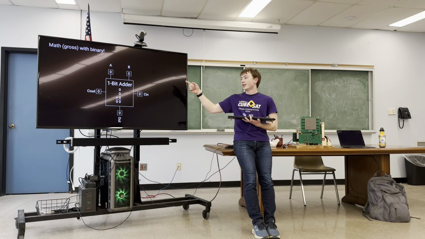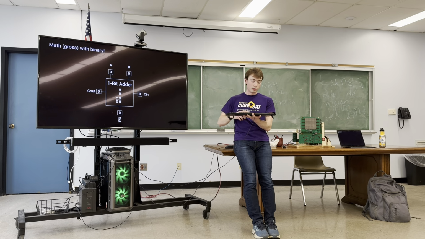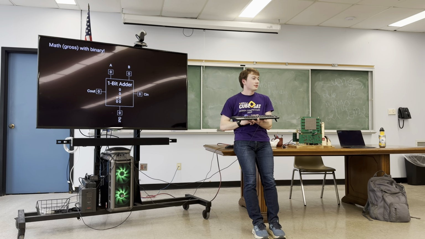So does anyone want to guess what happens when both inputs are 1s? I know Daniel knows. All right, one of you can answer. It just outputs into the carry out.